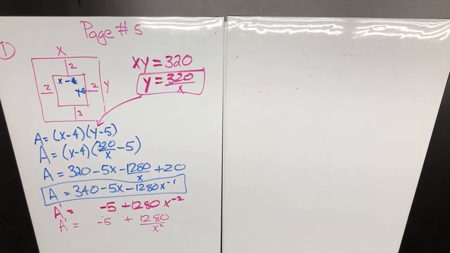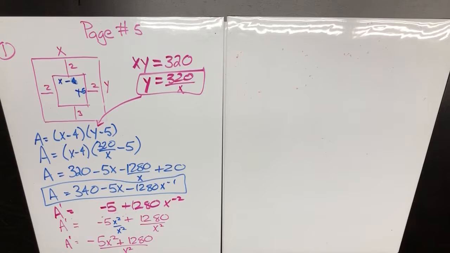Then I'll find a common denominator, multiplying by x squared over x squared. So I get my derivative, A prime equals negative 5x squared plus 1280 all over x squared.